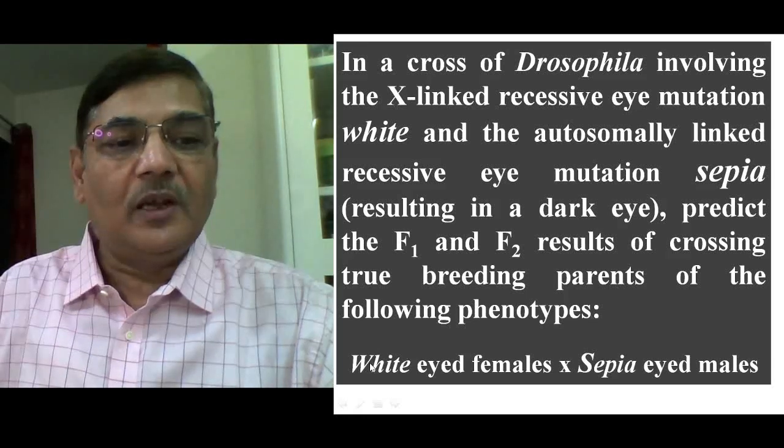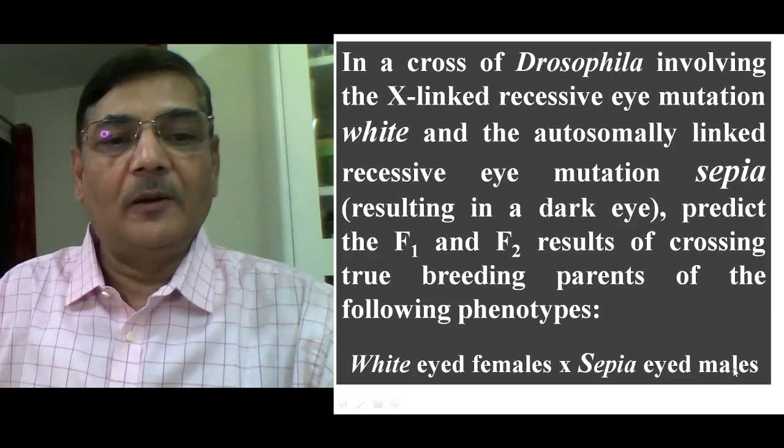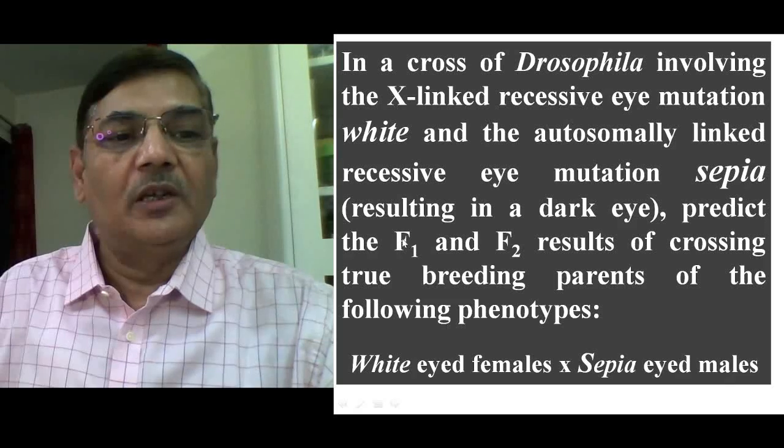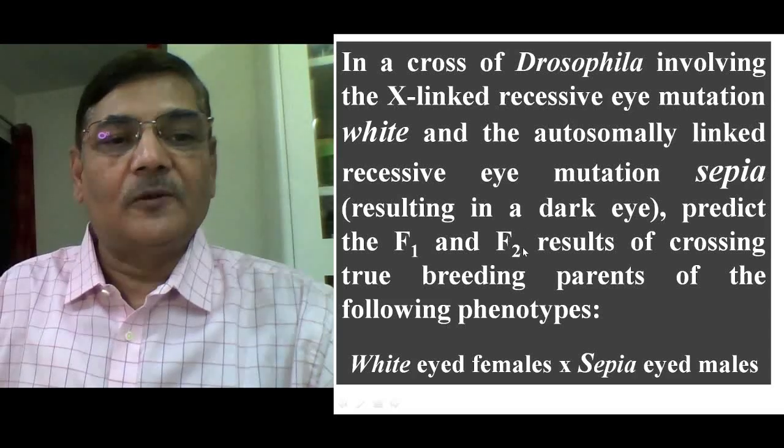That is, if a white-eyed female is crossed with a sepia-eyed male, then in such case, what would be the genotype and phenotype of F1 flies? And if such F1 flies are crossed among them, then what would be the phenotype of F2 flies?